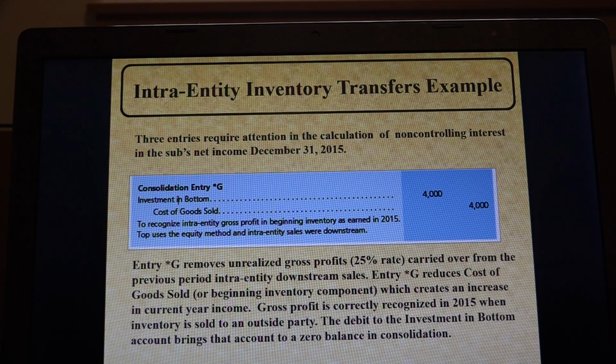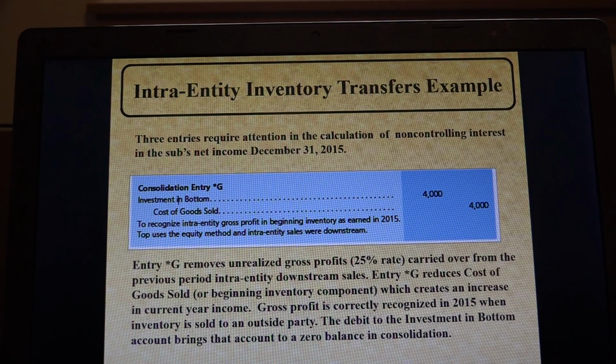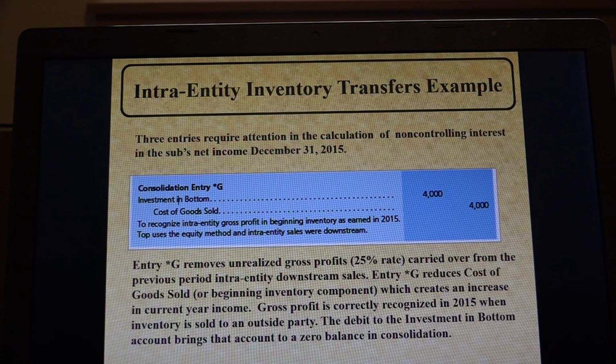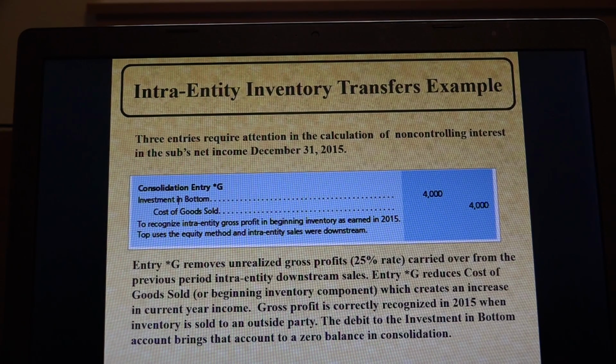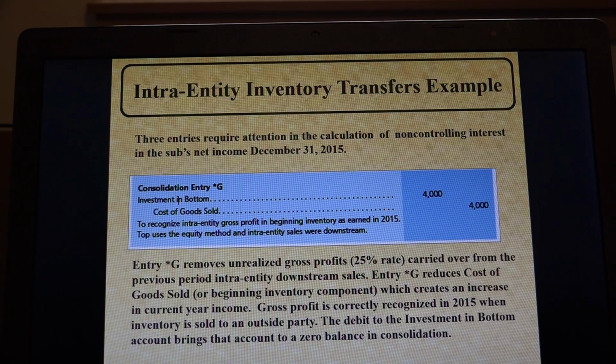We increase our investment in Bottom to recognize the income for 2015 of $4,000 due to the intra-entity transfer that was made in 2014, but a profit not recognized because it wasn't transferred to a third party till 2015, right?